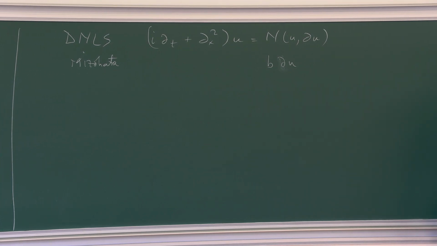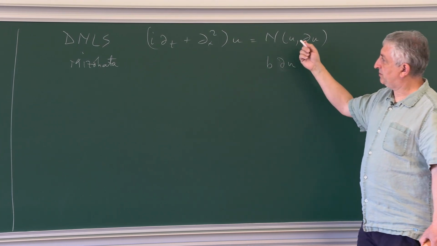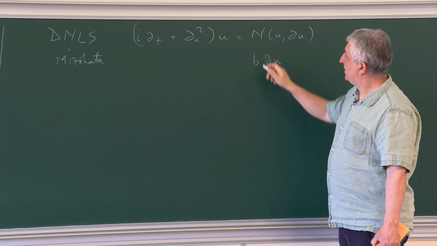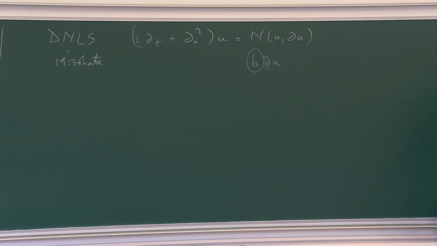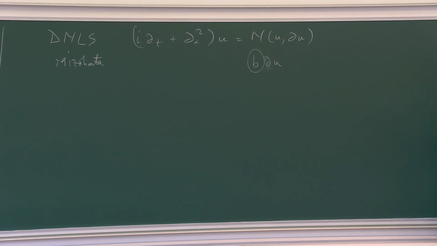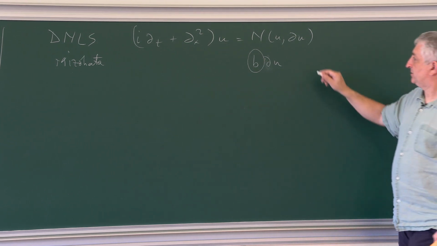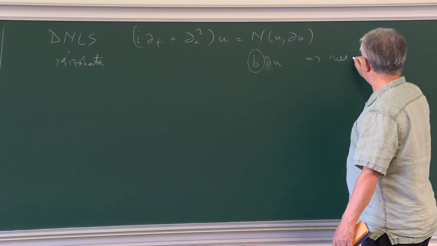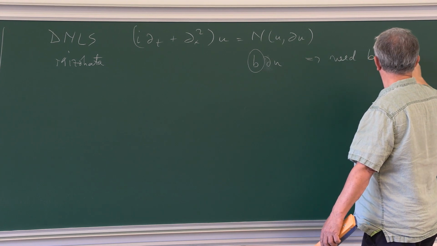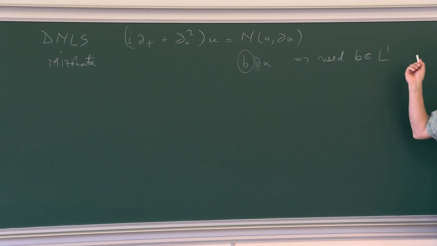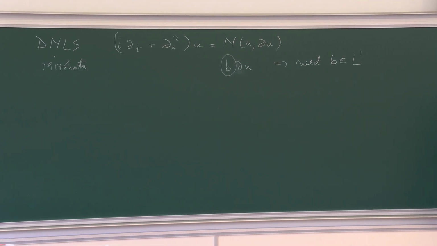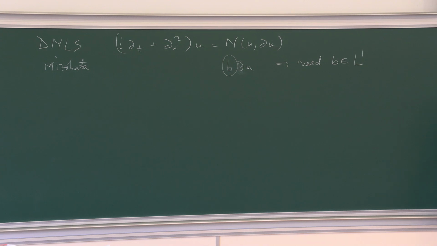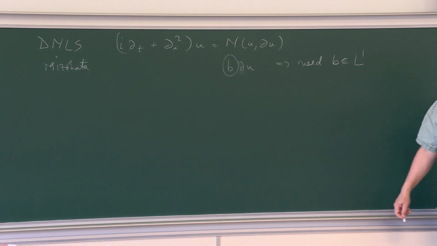And what Mihaela observed is that if you want this problem to be solvable, then you need to impose some integrability condition on this gradient potential B. So naively you might say you need B in L1, but in effect it's enough that the antiderivative of B stays bounded.